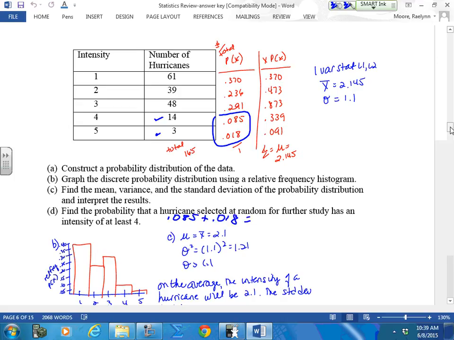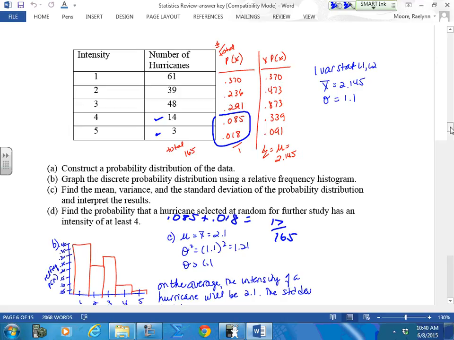If I wanted to, I could add up 17 over 165 and get the same number. Use your chart once you have all your probabilities. What is the probability of having less than 3 intensity? Then I add up the 61 and 39 over 165, or I already have their probabilities, so I just add their probabilities. That's the beauty of your probability distribution.